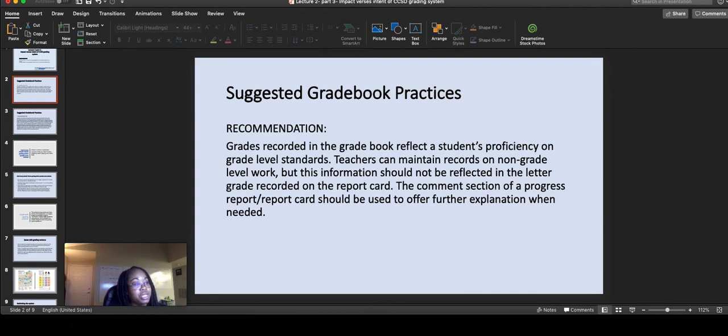The recommendation is grades recorded in the grade book reflect the student's proficiency on grade level standards. Teachers can maintain records on non-grade level work, but this information should not be reflected in the letter grade recorded on the report card. The comment section of a progress report, the report card, should be used to offer further explanation when needed.